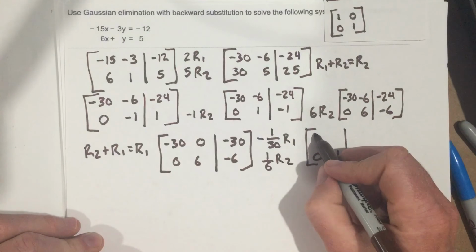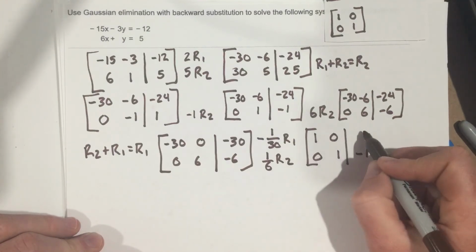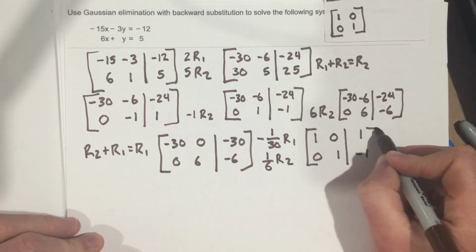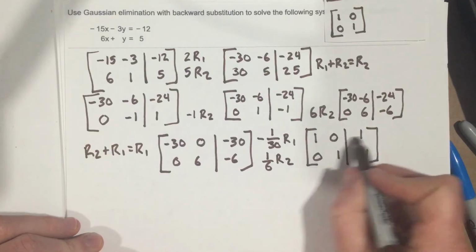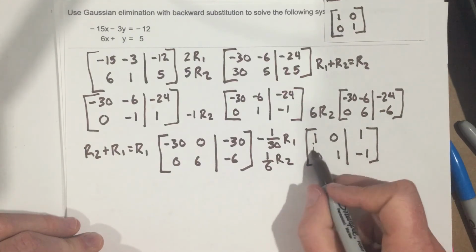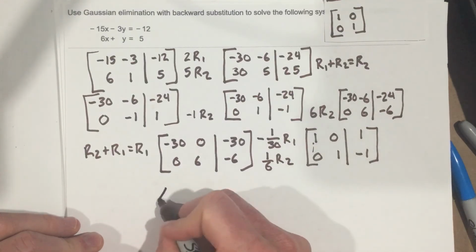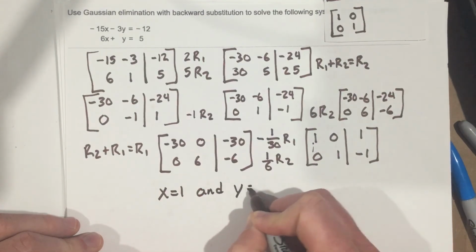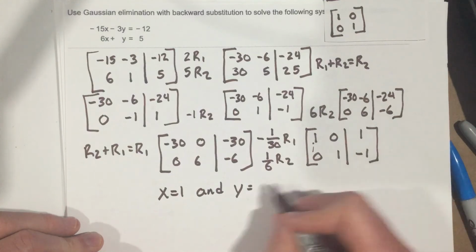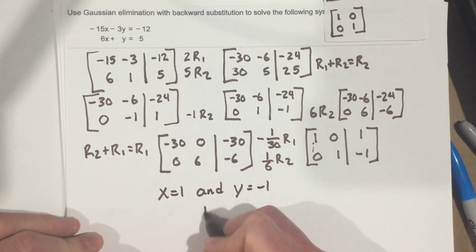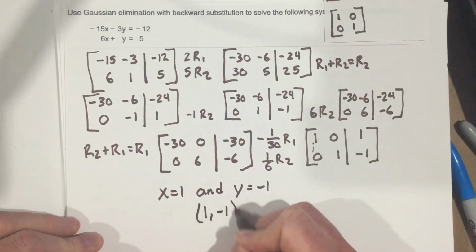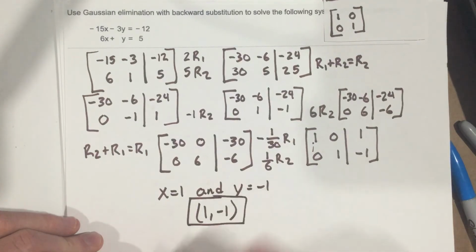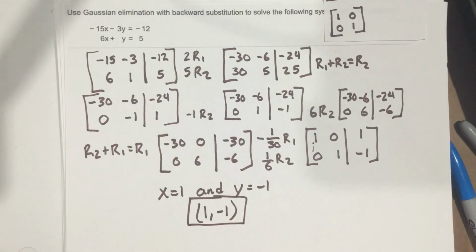And it gives you 1, 0, and 1. So that tells me my x value, right? Because remember this column is x values. The x value is 1, so x equals 1, and y equals negative 1. So my coordinate is (1, negative 1). And that's the solution to this problem. That's how you use Gaussian elimination to get there.